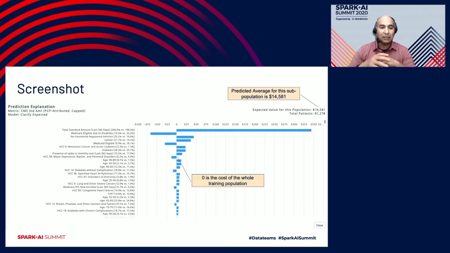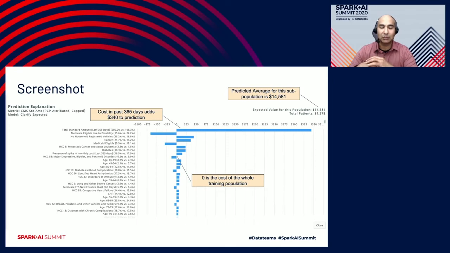If you look at the bottom, we're showing relative cost compared to the whole training population right now in this view. So that's at 0. Then you look at this population compared to the whole population, their cost in the past 365 days is higher. If you look on the left-hand side, we have a bug.